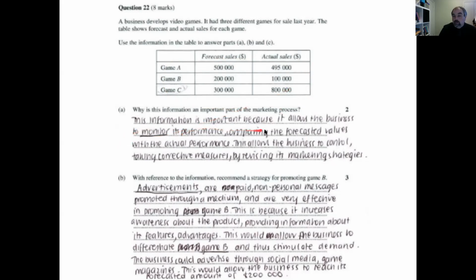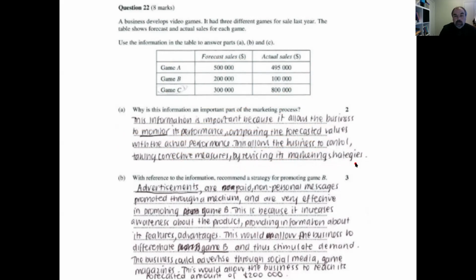So this information is important because it allows the business to monitor its performance, comparing the forecasted values with actual performance. This allows the business to control, taking corrective action by revising its marketing strategies.